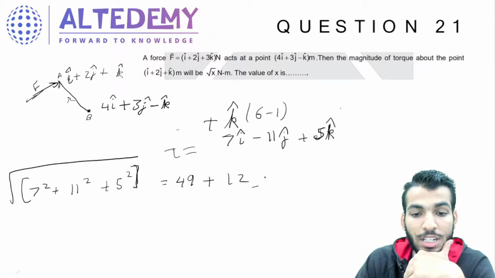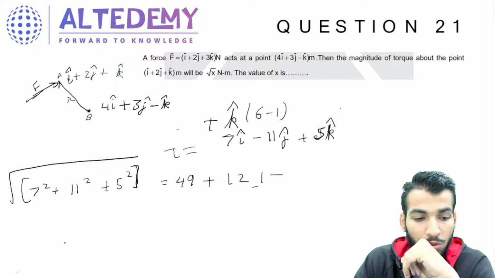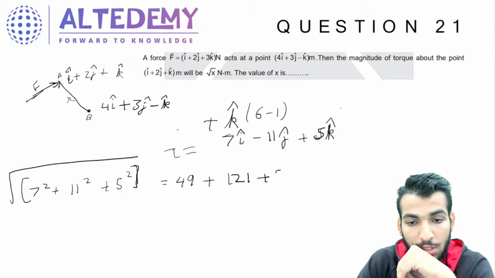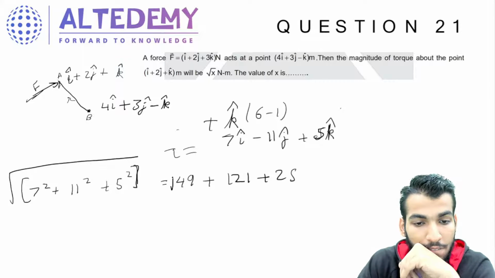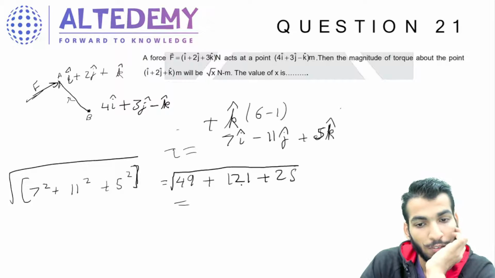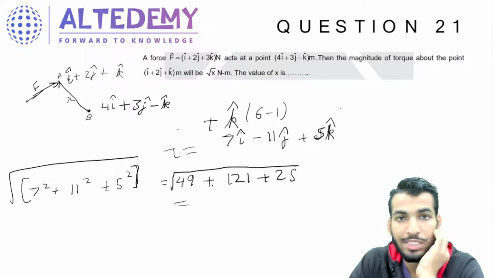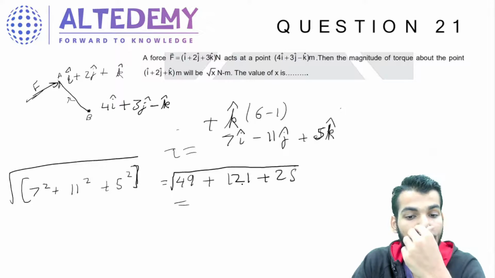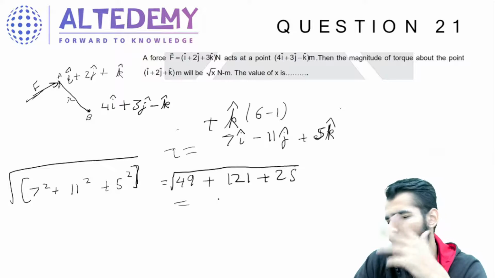That will be 49 plus 121 plus 25 under root. 49 plus 121 is 170, plus 25, that will be equal to 195.